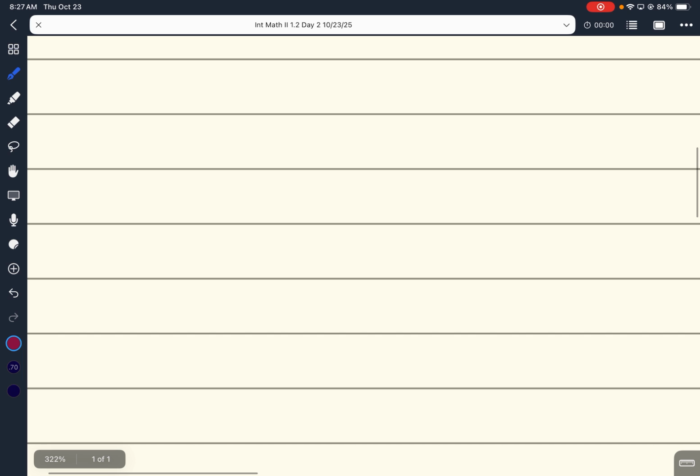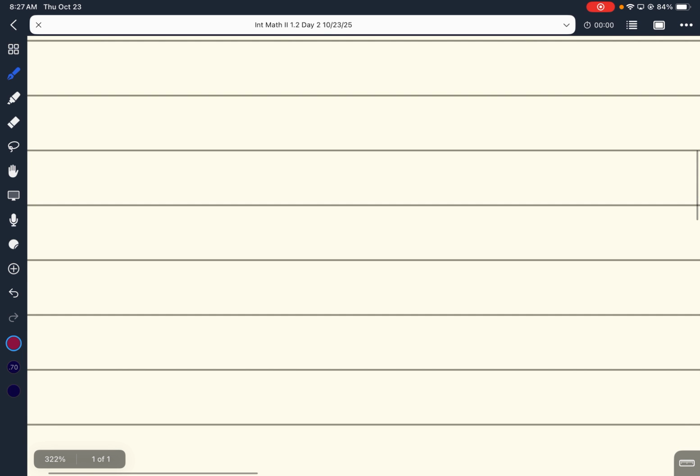Let's do another one. I love how this book is so small. I have 2 to the x over 4 times 2 to the x over 6 equals 2.